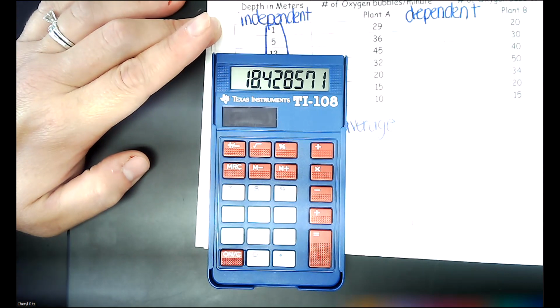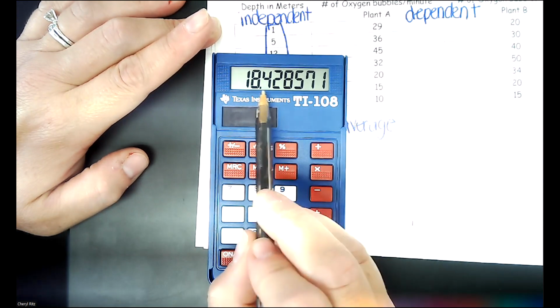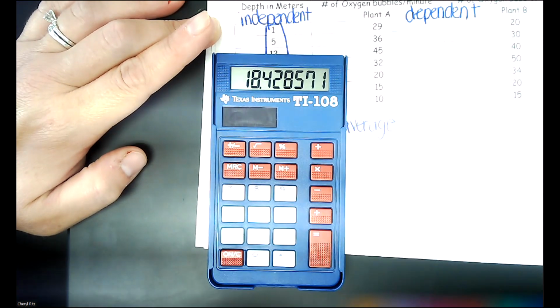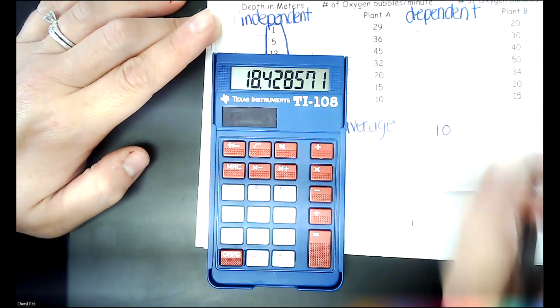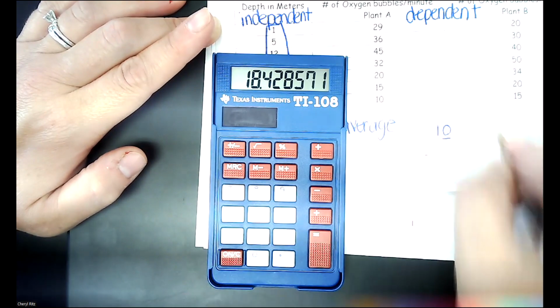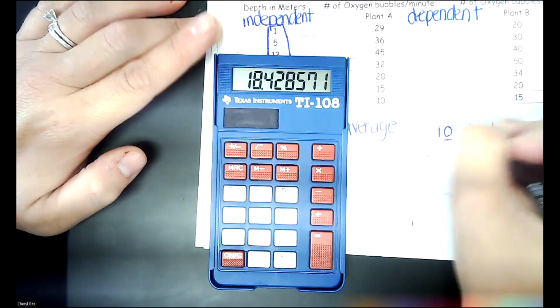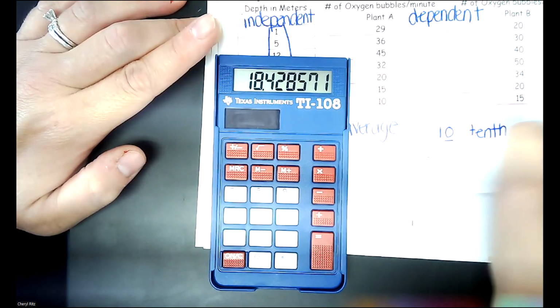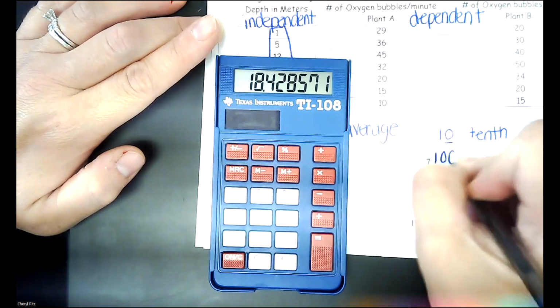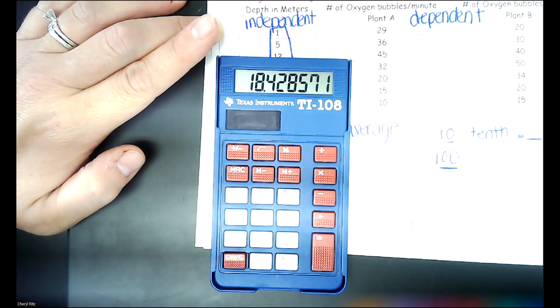Do you guys know which one is the 10th place? It is the first number after the decimal point. If you're not sure, how I remember it is the number 10 has 1 zero. So tenths is 1 number after the decimal point. The number 100 has 2 zeros.